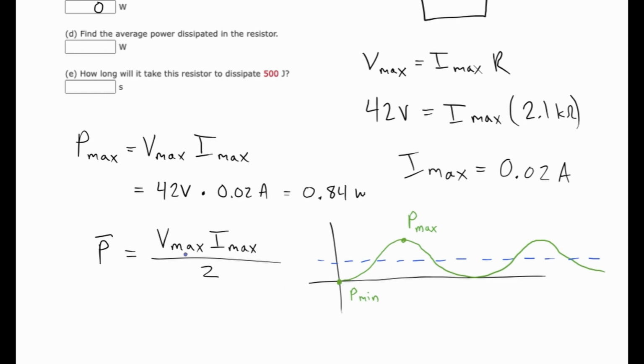And so that's why I'm saying that the formula could be V max I max over 2. Alright, so that's what I would do here. We'll do the max power, which is 0.84 watts, and we'll cut it in half. That's the average power, it's called. It's 0.42 watts.